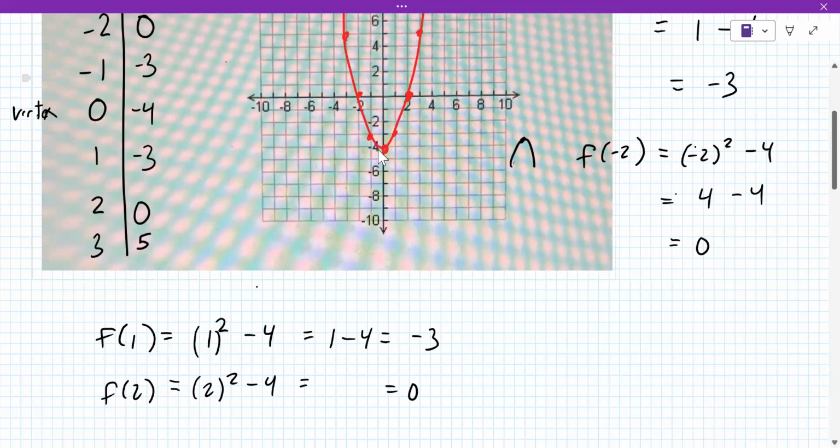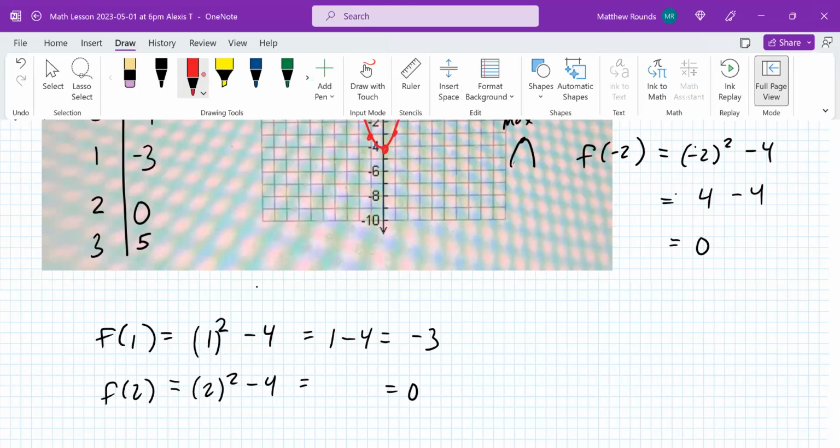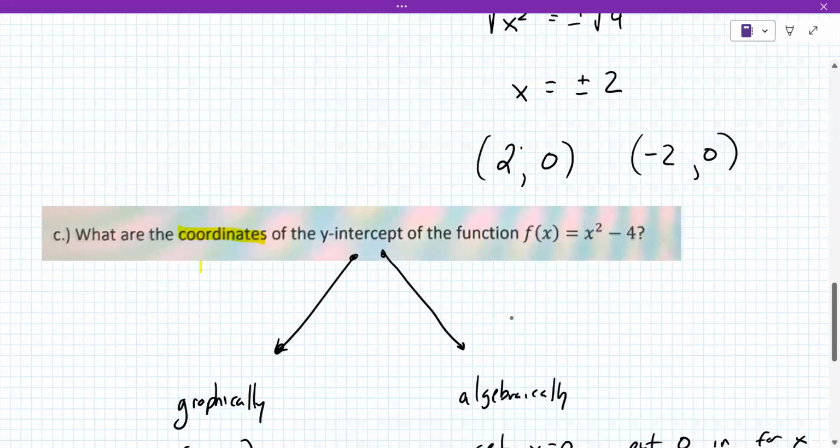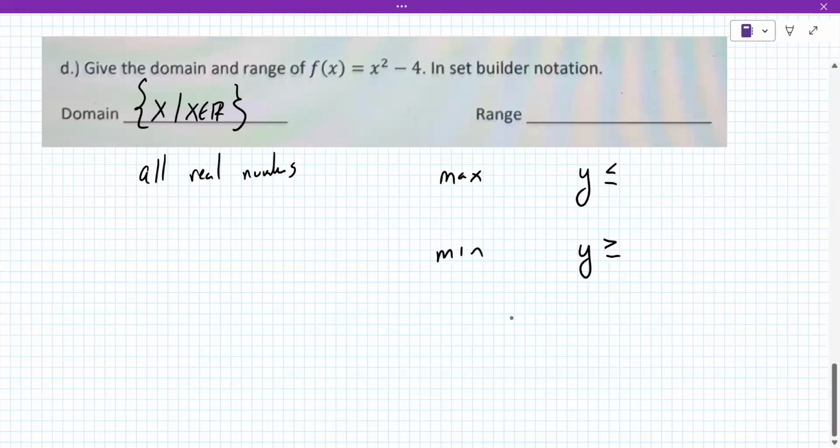So the valley is a min. It's the lowest point. The peak is a max. So we can even say the max here, and then on the left, this is a min. Okay. And keep in mind here, we're practicing for your final. So it's okay that you don't get it right first try. Your graph has a min.